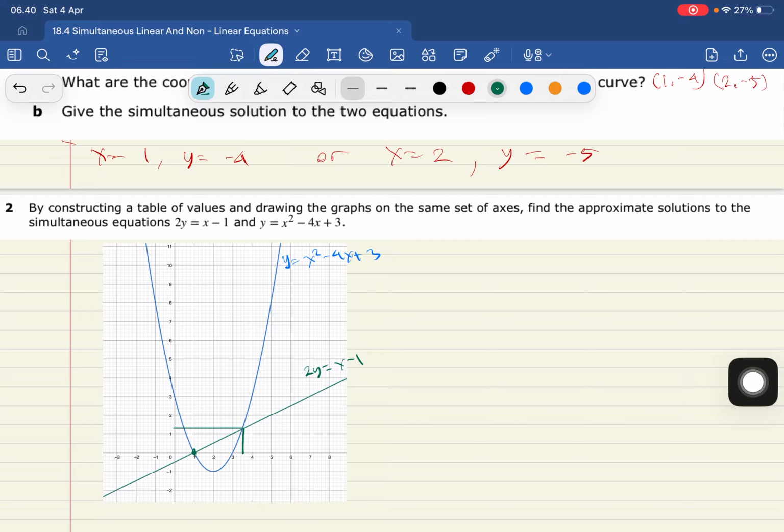The easiest one is here. When x equals 1, y equals 0. Or here, when x equals 3.5, y equals 1.25.